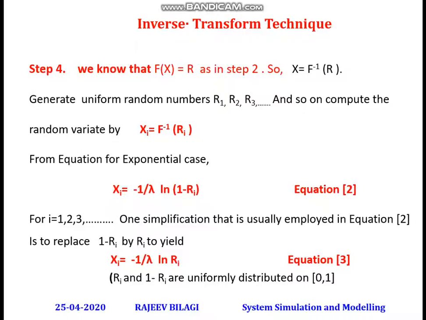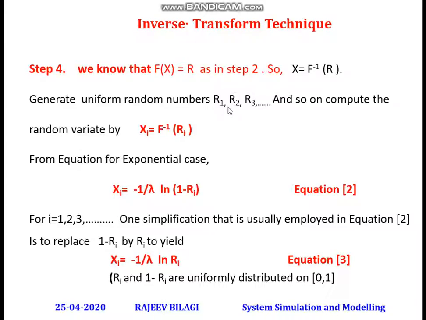Now after finding that, step number 4, that is F of x equal to R, can be written as x equal to F inverse of R, where R1, R2 are random numbers you can generate.